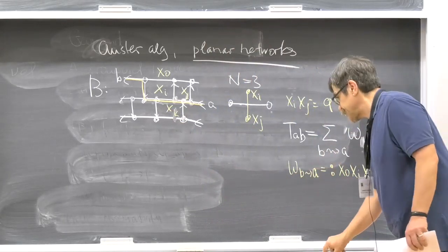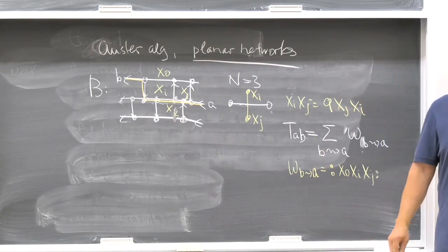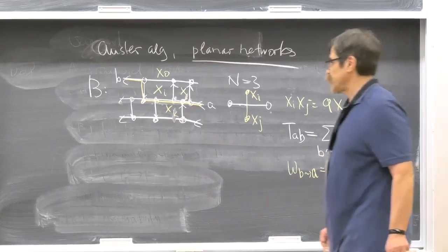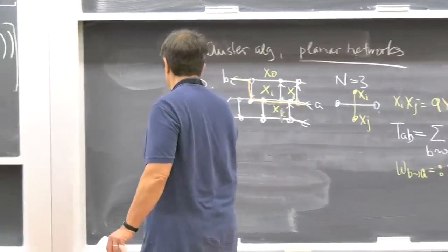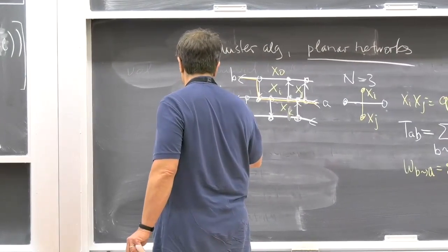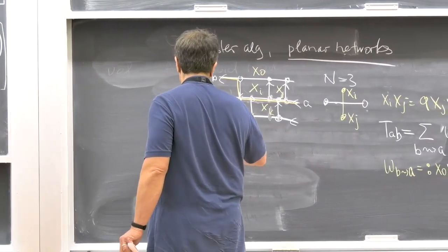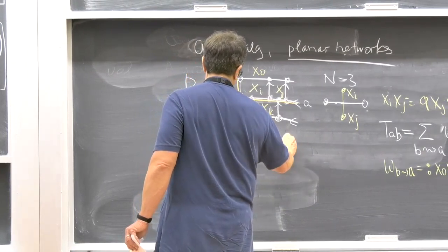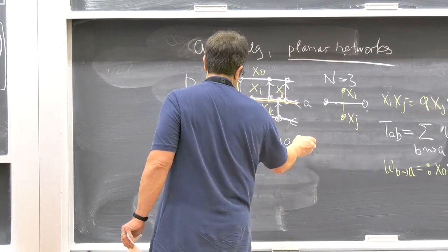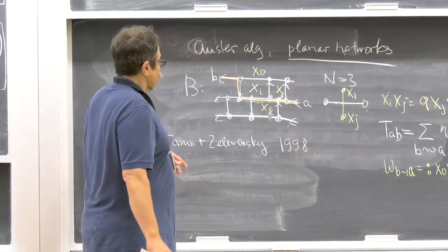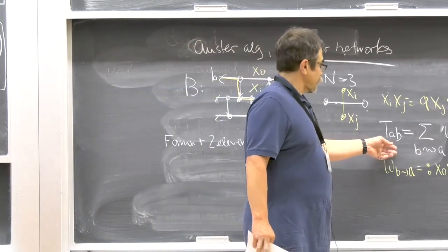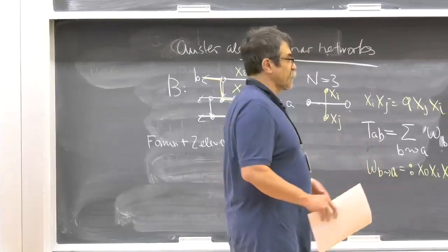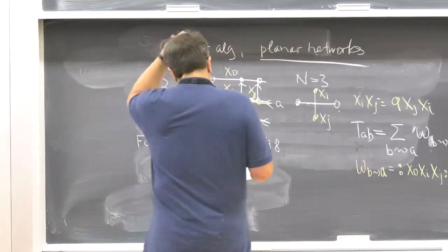Actually, it's interesting. It was on the table for a while because it was observed by Fomin and Zelevinsky even before they invented cluster algebras. It's a work of 98, that we can parameterize these elements this way.